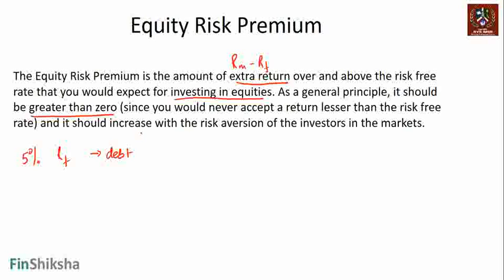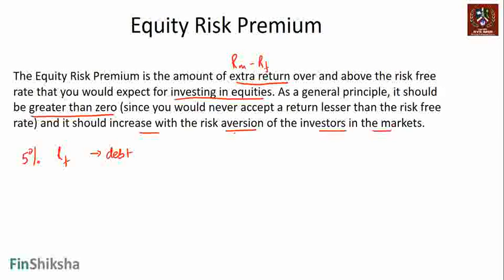Also, it should increase with the risk aversion of the investors in the market. So if in general people are a little more risk averse for whatever reason, they don't like the stock markets, or they're just worried about what's going to happen in the stocks in the near term, in those contexts the risk aversion increases. Risk aversion creates less likelihood of people taking those risks.